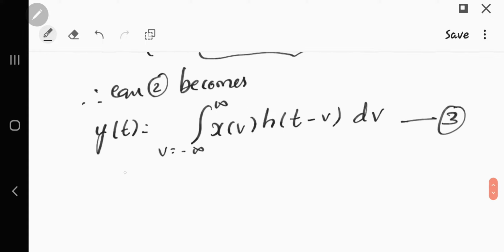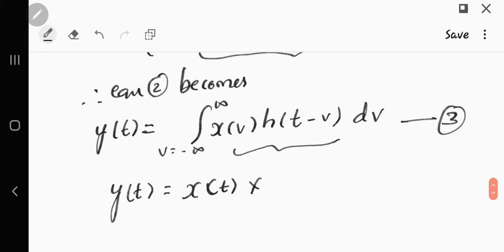Now you can see this is nothing but the convolution integral of x of t and h of t. So we can write it as x of t convolved with h of t. Here the only difference is that the integration variable is v. That is understood; we can take any variable as the integration variable. Okay.